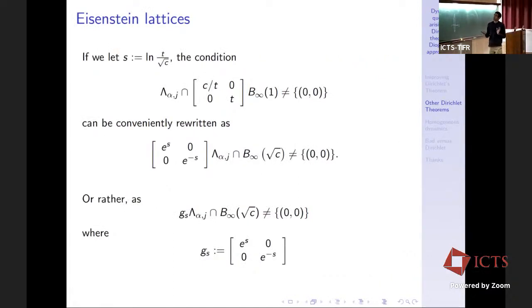This condition with some fixed C is equivalent to multiplying through by this diagonal matrix, e to the S, e to the minus S, where S is a function of T and C. That has the effect of turning this stretched shape into something that has equal length on the coordinates. So you can rewrite this as GS times lambda alpha j intersection B infinity square root C is non-trivial, where GS is this diagonal flow.